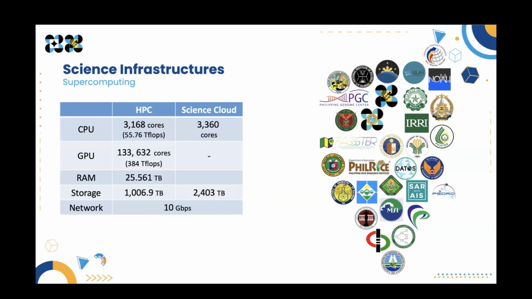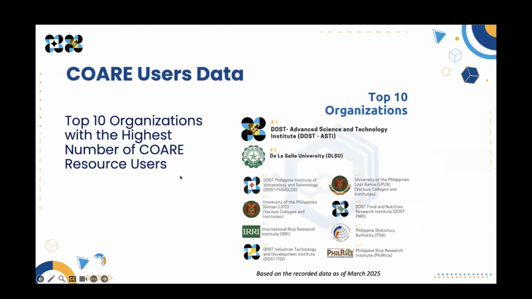Looking forward to that. On the right side, you see a number of our partners and where some of our users come from. So most of them are universities, research organizations, and some government agencies that have research in their mandate. So these are just an example of the users' data.